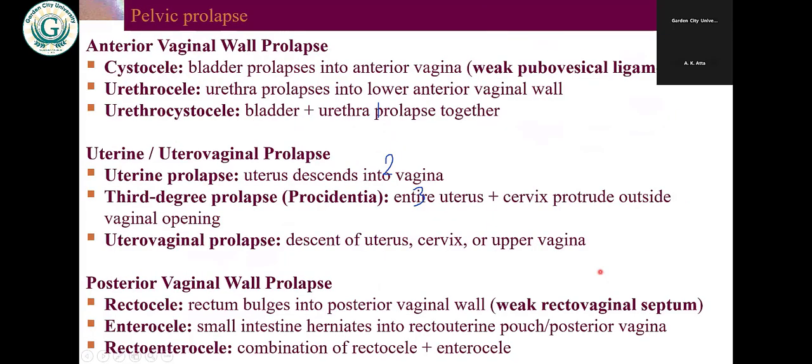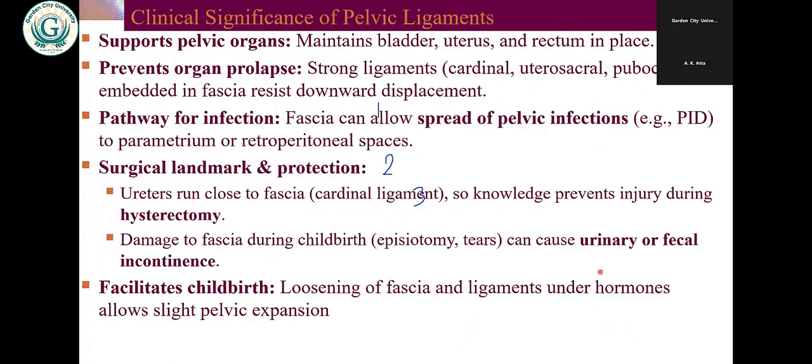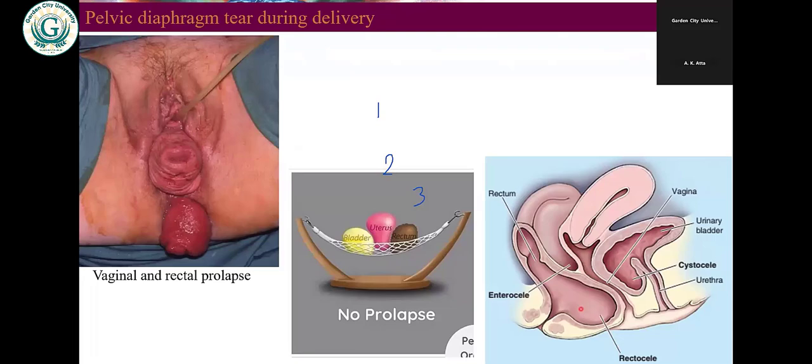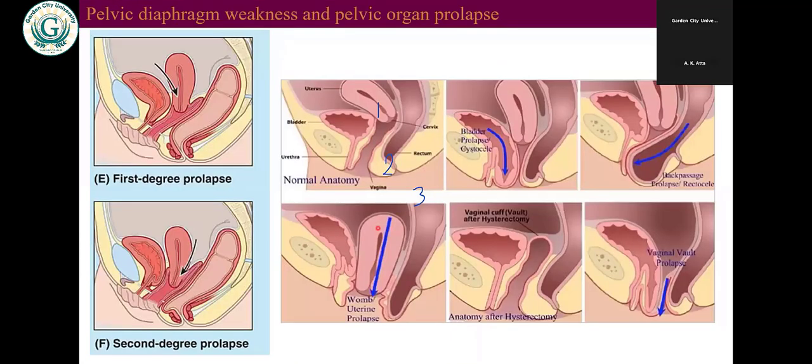So when you look at this, you realize that when there's a problem with this pelvic diaphragm, and there is also a problem with those ligaments, the uterosacral, the transverse cervical, and the pubocervical ligaments, then it is going to lead to what? Prolapse.